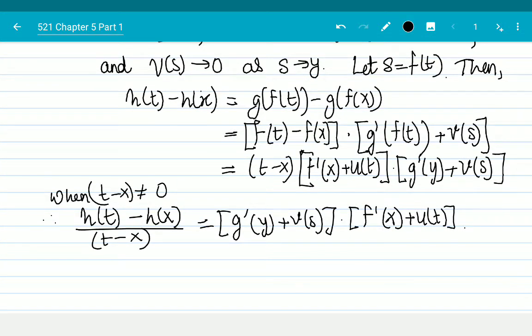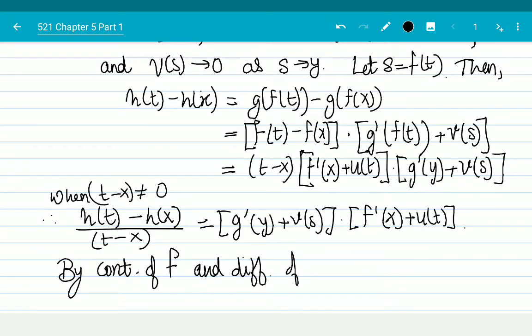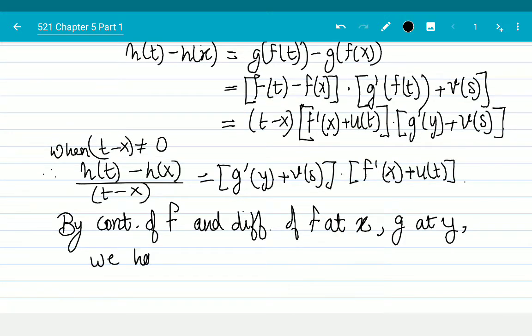Okay, and now by continuity of f and differentiability of f at x and g at y, we have the result. v of s should go to 0 because it is differentiable.